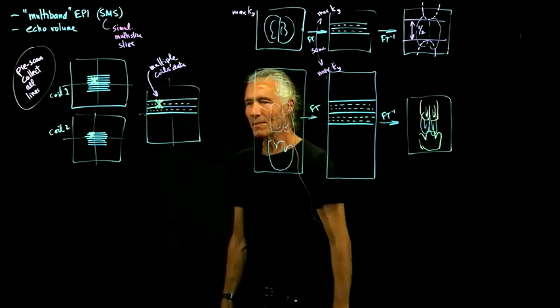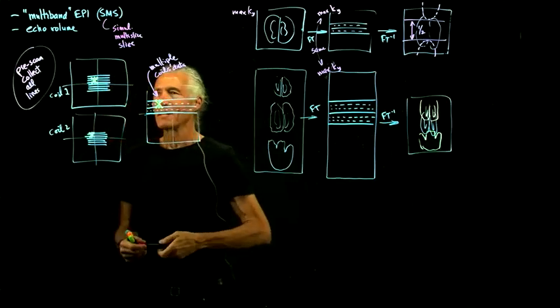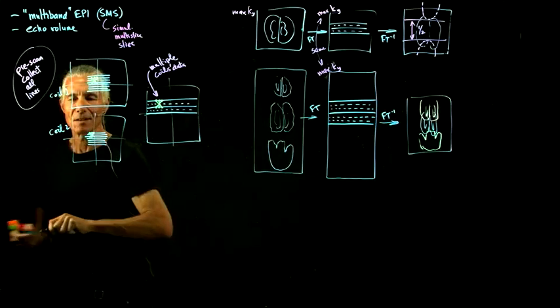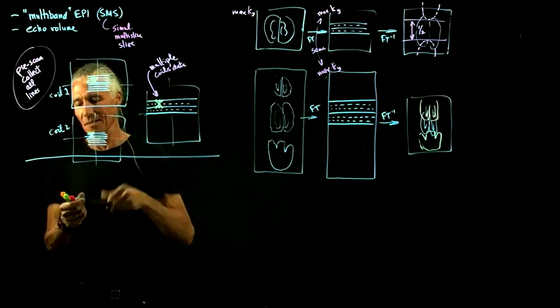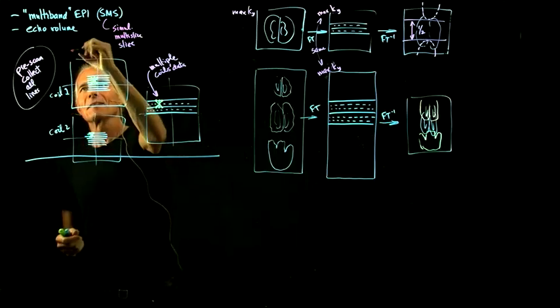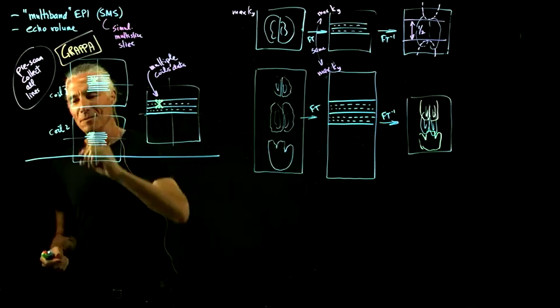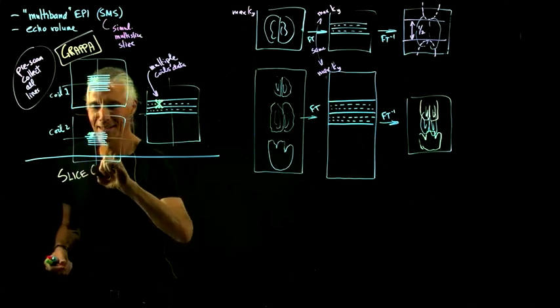So how can we fix this? Here's our original grappa. So this is a cool thing. We just invent something called slice grappa.